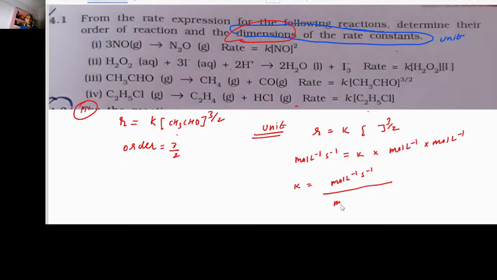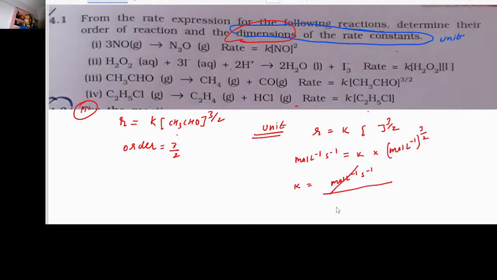Here is mole per liter multiplied by again mole per liter. So this mole per liter and this, okay, wait, sorry, the power is not the same here, student. Power is not the same, so it is going to be a different case. What is the mole per liter, and the power will be 3 by 2.